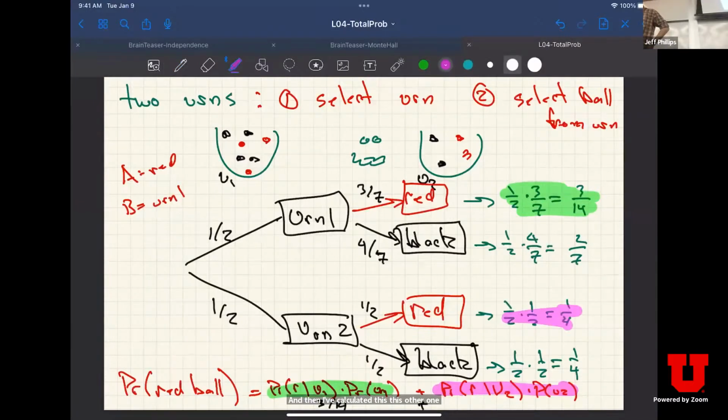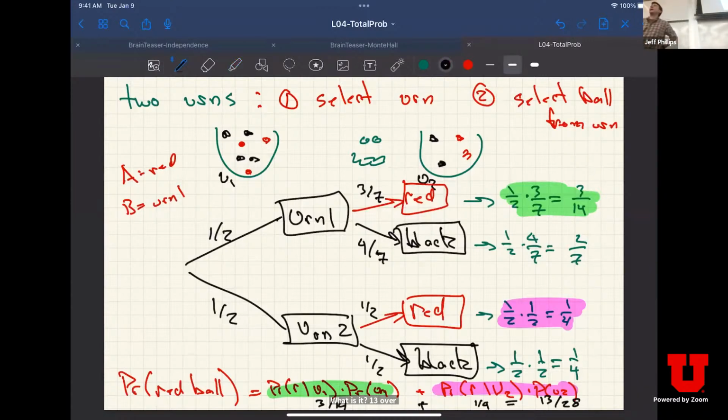This is the probability I selected urn 2 times the probability I got a red ball given I was in urn 2. Okay, and this is equal to 1/4. And so the answer is 3/14 plus 1/4. That's the probability I got a red ball. What is it? 13/28.